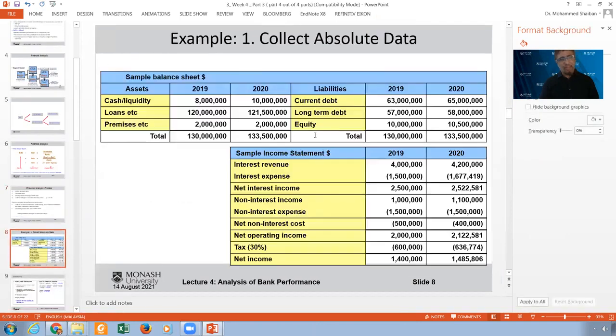This is just a financial statement, and it's for 2 years. The balance sheet and income statement for 2 years. According to this data, we can complete our calculation for the DuPont. Now, this is the calculation.